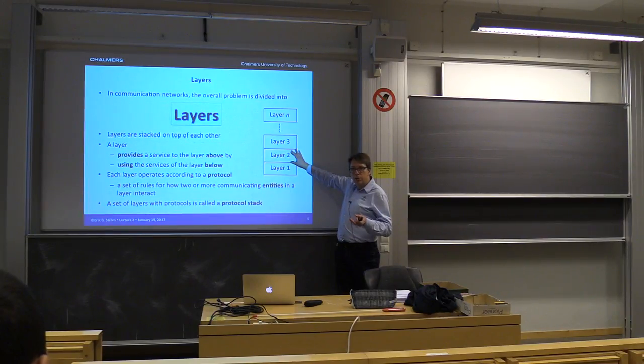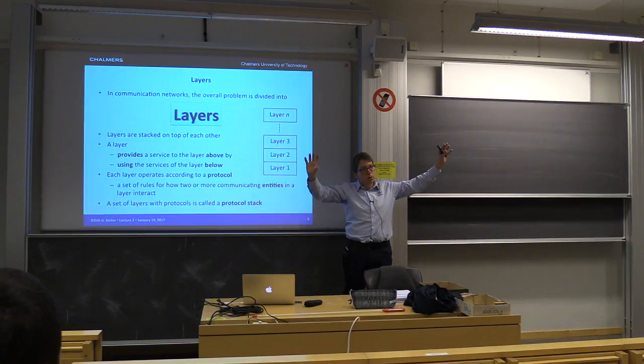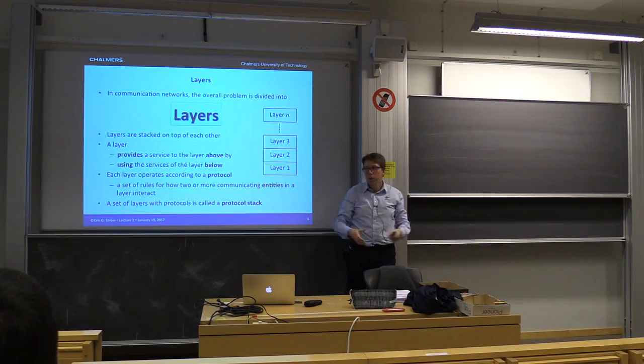At some other node in the network, there is also a layer 2. So this layer 2 would like to talk to that layer 2. So we have 2 layer 2s, one at node A and one at node B. They want to talk to each other, and they talk to each other according to the rules which are decided by a protocol which resides in this layer.